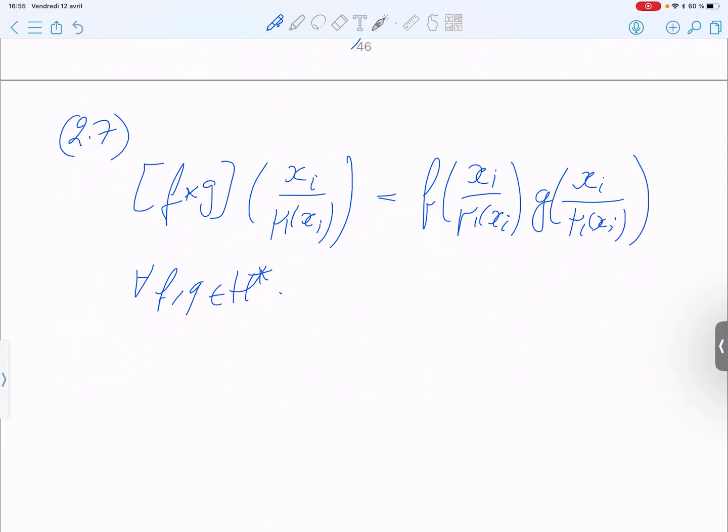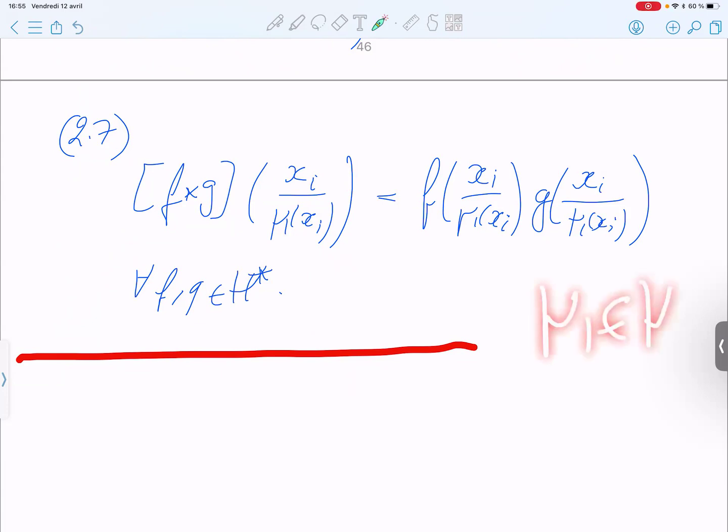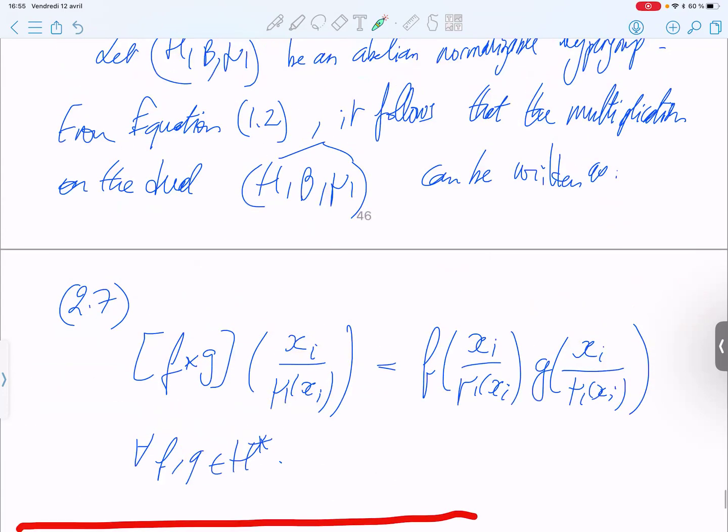So that's all. Next time we will start by mentioning and proving very easily that mu1, which is in x star, is the unit of that.